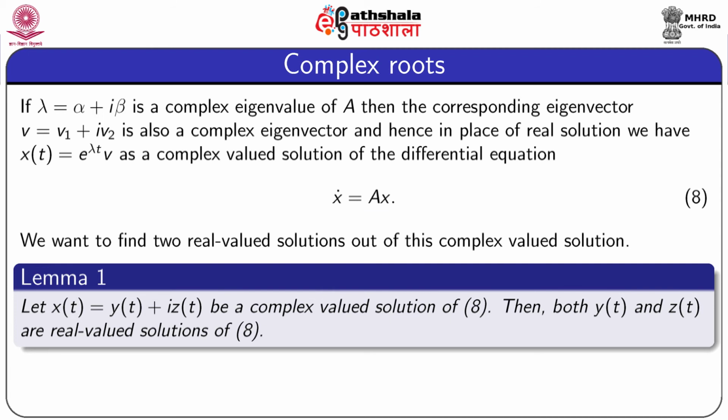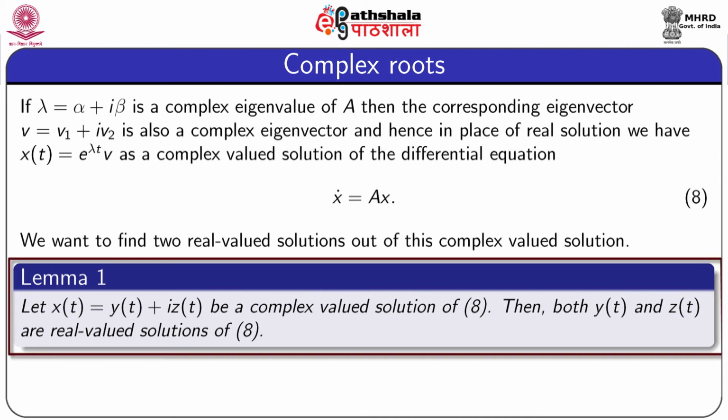We want to find two real valued solutions from this complex valued solution. So, we have the following lemma: let x(t) is equal to y(t) plus i z(t) be a complex valued solution of equation 8. Then both y(t) and z(t) are real valued solutions of 8.